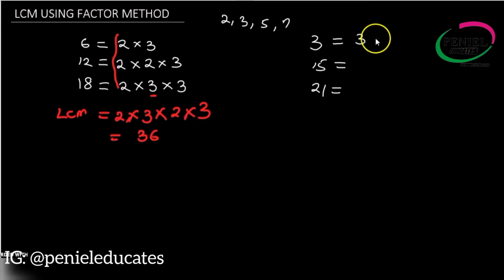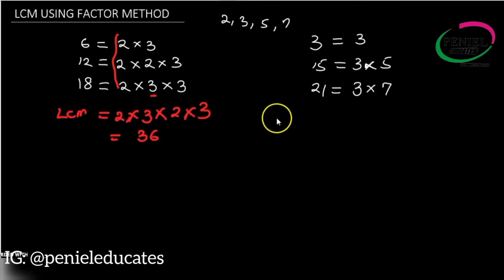You know that 1 is not a prime number, so you don't put 1. Then for 15, we have 3 multiplied by 5. Those are the prime numbers we can use to get 15. Then for 21, we have 3 multiplied by 7, which gives us 21.